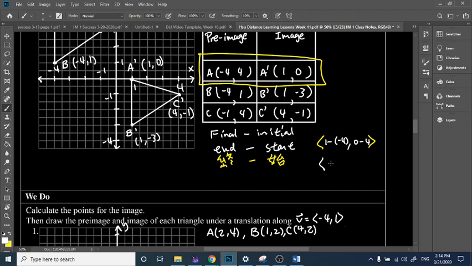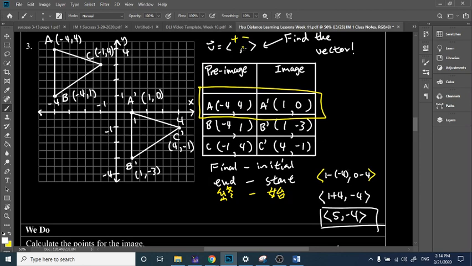So 1 minus negative 4 turns into 1 plus 4. 0 minus 4 is just negative 4. And then we get (5, -4). And this actually is our vector. If we check with what we set up here, first is positive. Yeah, that checks out. The second is negative. Yeah, that checks out. So this should be something pretty reasonable.